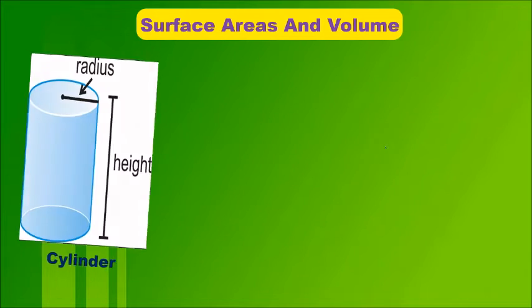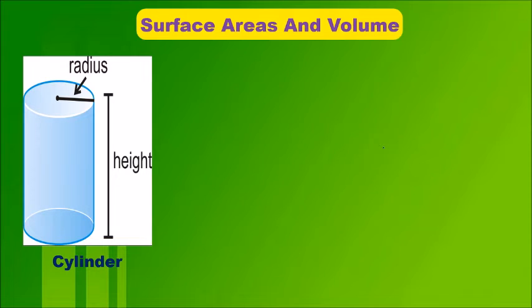Now let us consider the next geometrical shape, that is cylinder. Here this is representing the radius of this cylinder while this is representing the height of this cylinder. Radius can be taken as r while height can be taken as h.